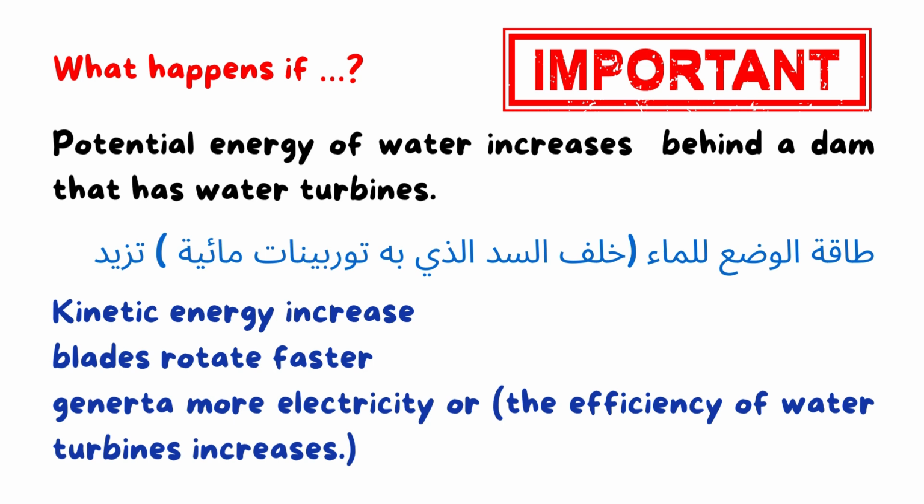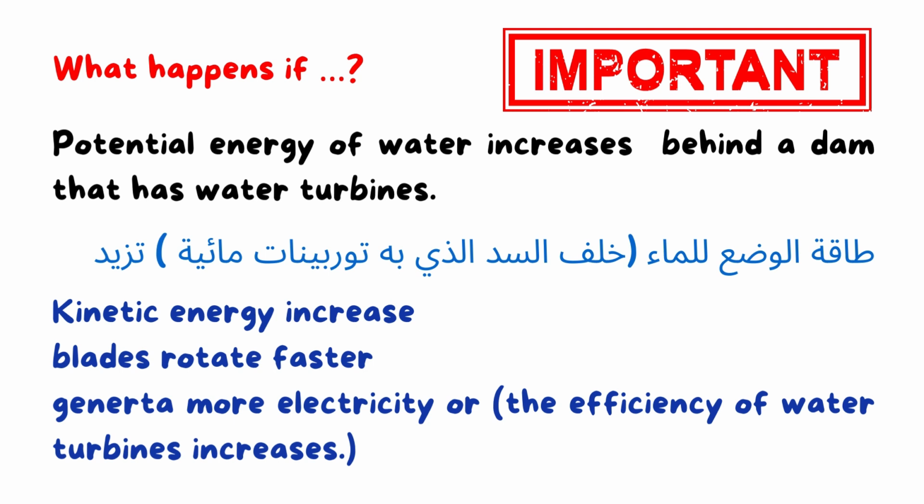Here the potential energy increases. So when the dam allows the water to flow, this potential energy, which is big, large potential energy, will convert into kinetic energy. So the kinetic energy also increases, yes, and the blades rotate faster here and generate more electricity, or the efficiency of water turbines increases.